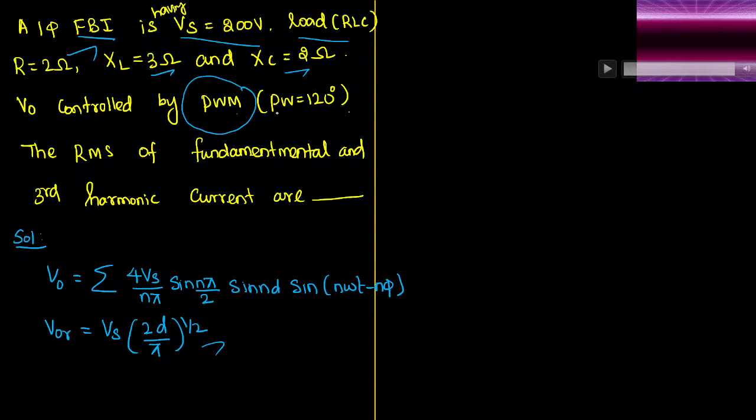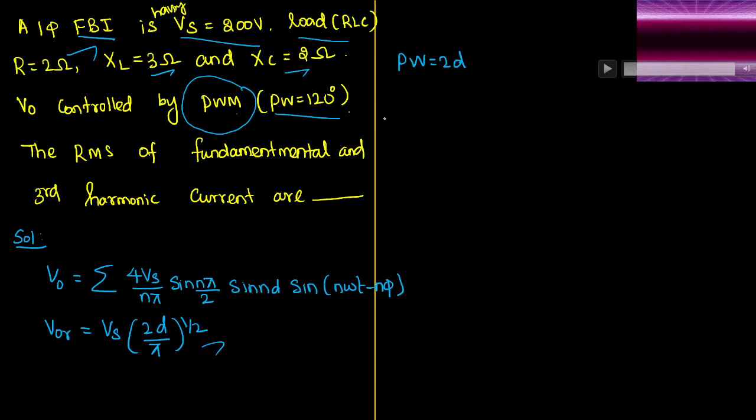And they told that pulse width is 120 degree. What are they trying to mean? Always remember, pulse width means the width of the pulse. Then how will you write that? Width of the pulse can be written as 2 times d. They haven't mentioned how many pulses they are considering here.